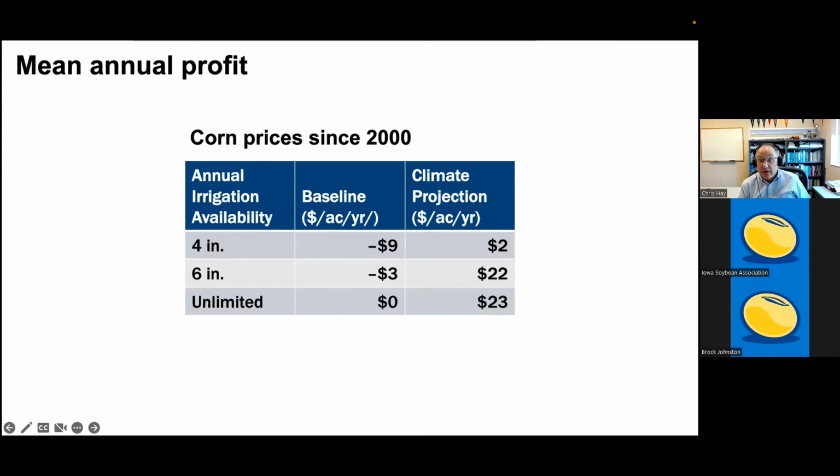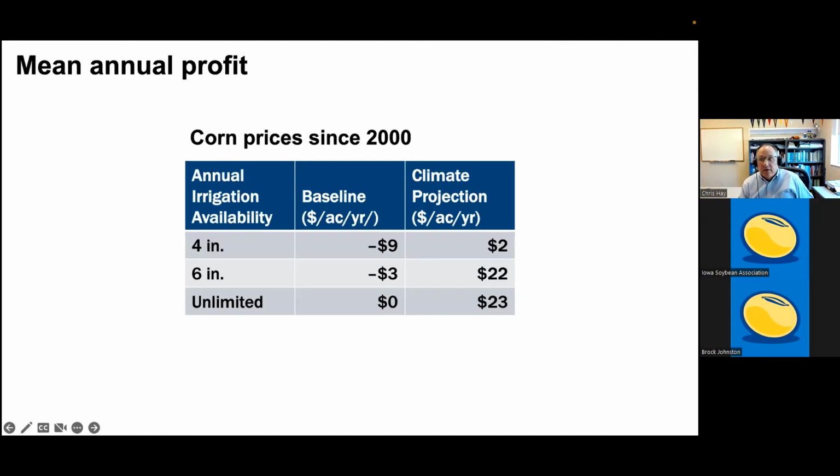But then as we look at those projection scenarios with wetter springs, drier summers, then all of a sudden now it starts to pencil out and become more profitable. So, I think it gives us a little bit of hope anyway that the irrigation system itself may be enough to pay for itself as we move ahead.